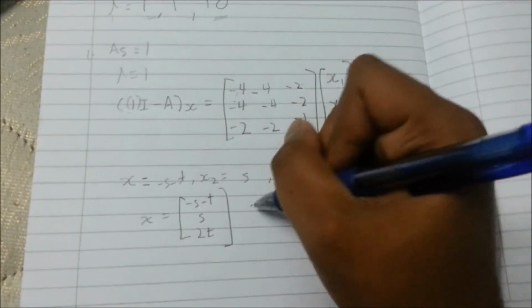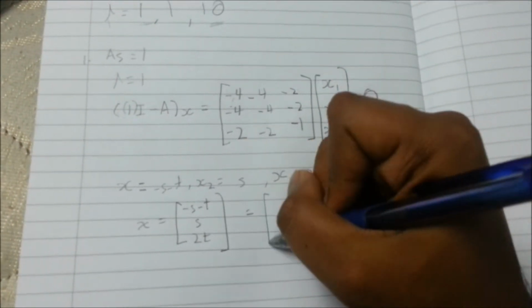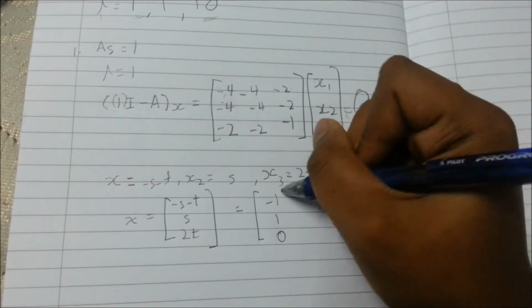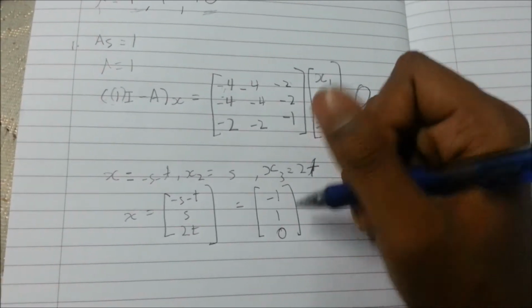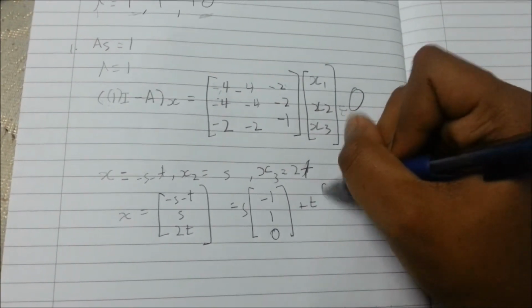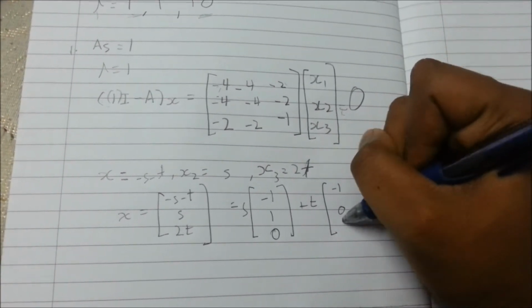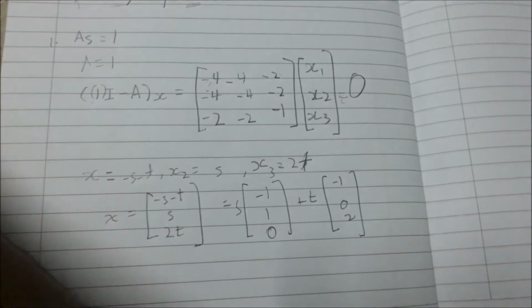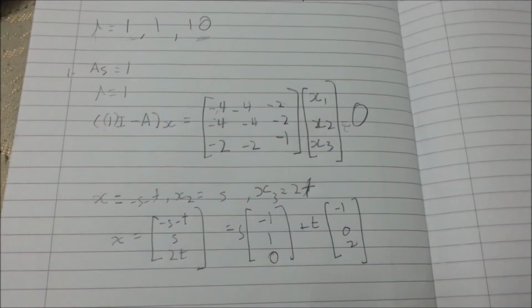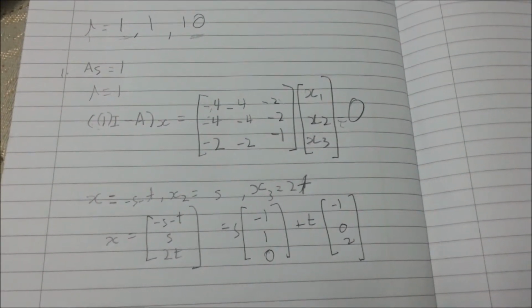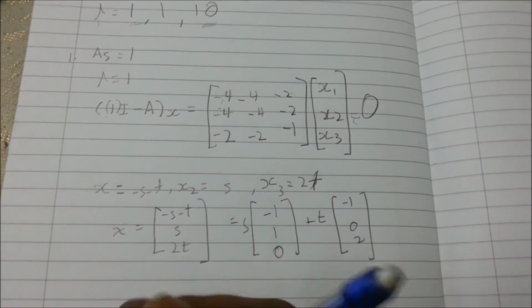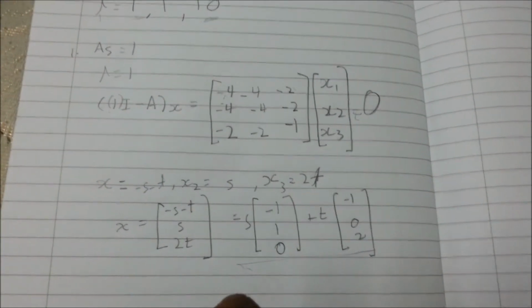These are just unknowns, so that would be easy for us to solve, and thus giving us -1, 1, 0. Thus, these are the eigenvectors associated with the following.